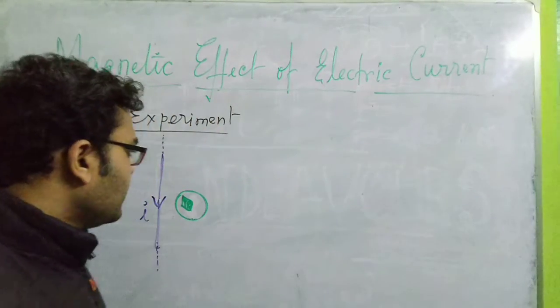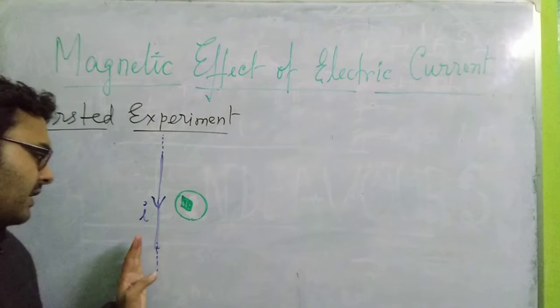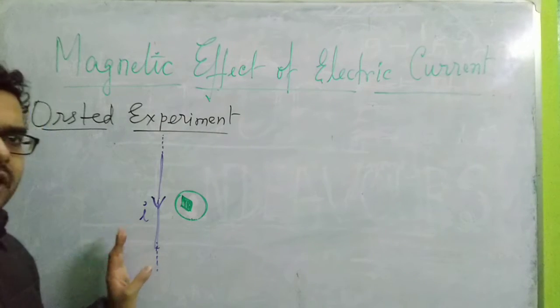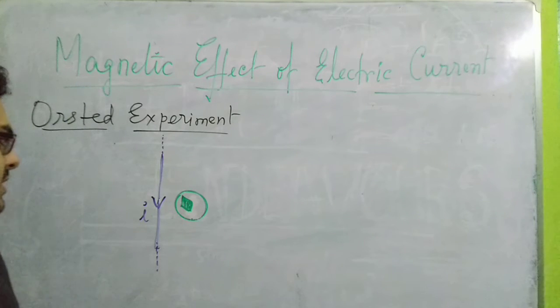So when Ørsted observed that the magnetic compass kept near a current carrying wire gets deflected, he concluded that the current flowing through the wire must be generating some kind of magnet. Only then is it possible for the compass needle to get deflected.